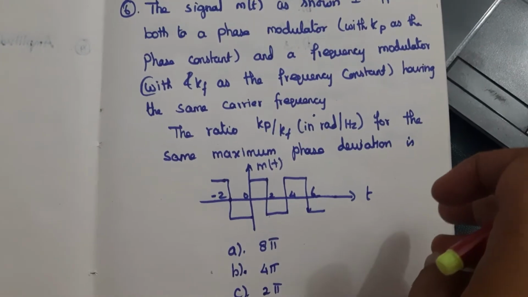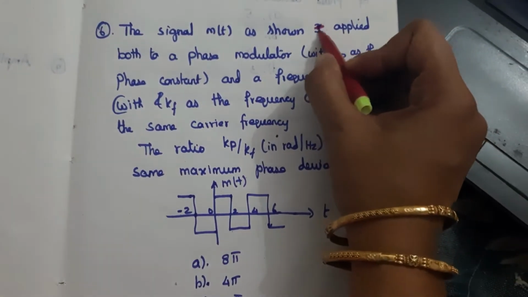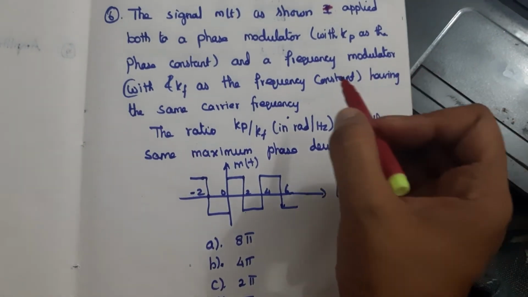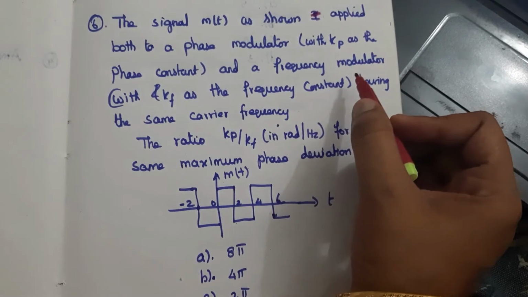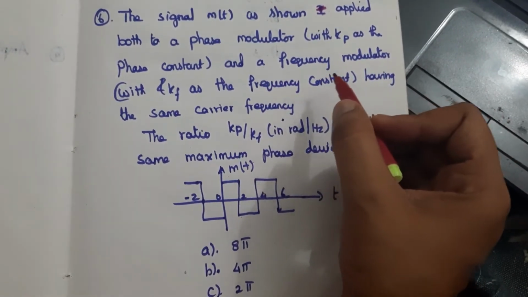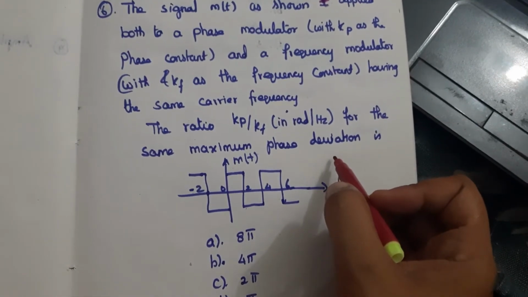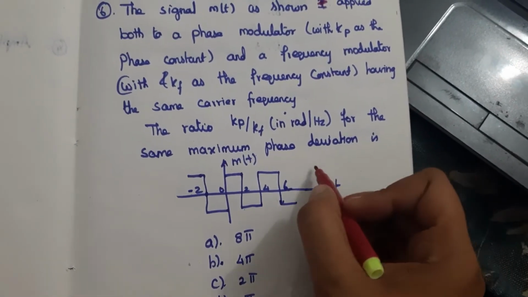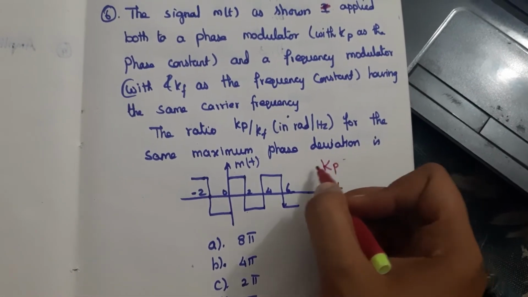Next question, the signal m of t as shown is applied to both a phase modulator, where kp is the phase constant, and a frequency modulator with kf as the frequency constant, having the same carrier frequency. Find the ratio kp and kf.